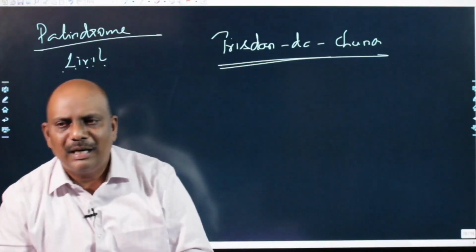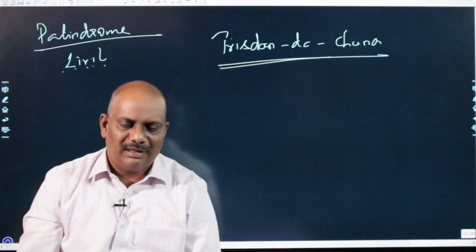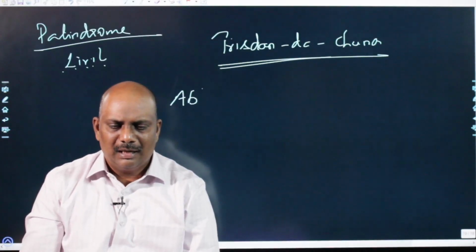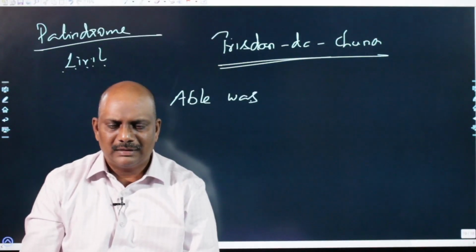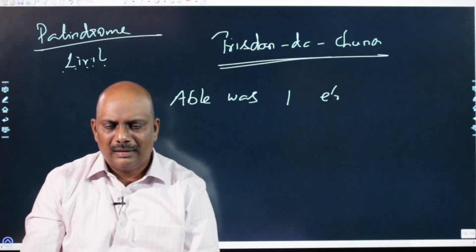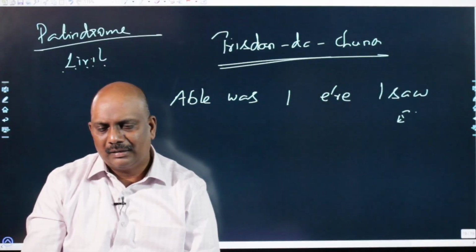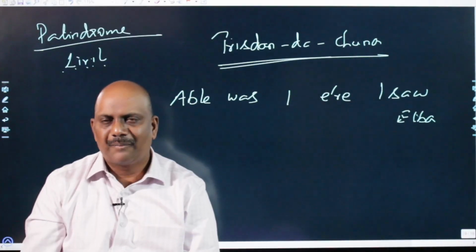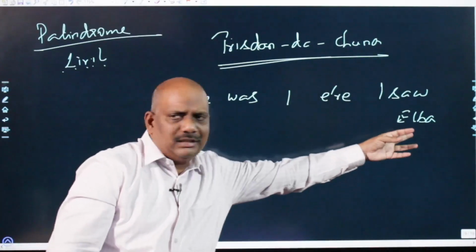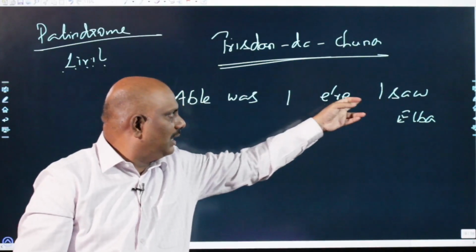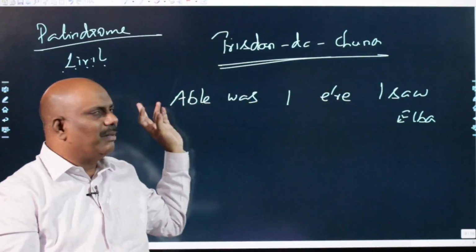The very famous palindrome which Napoleon said was: Able was I ere I saw Elba. We can reverse this from the end.